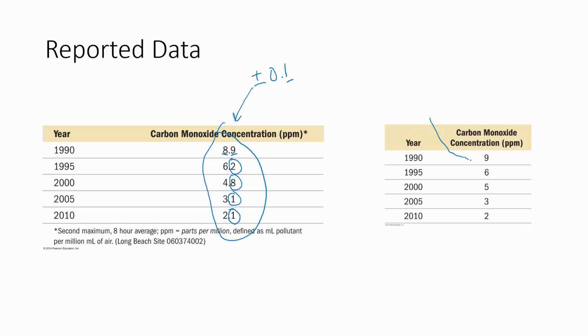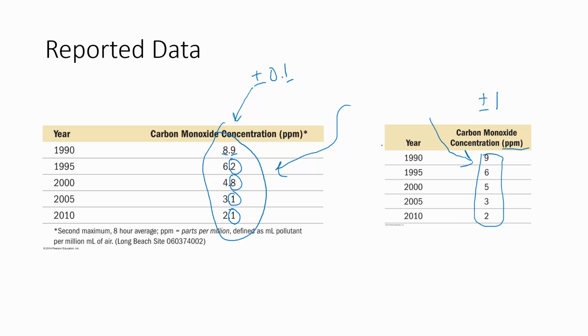Now if I reported this differently, as just ones column digits, then what I'm trying to imply by this particular way of reporting the data is that this is plus or minus 1 part per million. That's the units that this table is in, so the reliability of this measurement is actually a lot less than if I showed the data in this way.